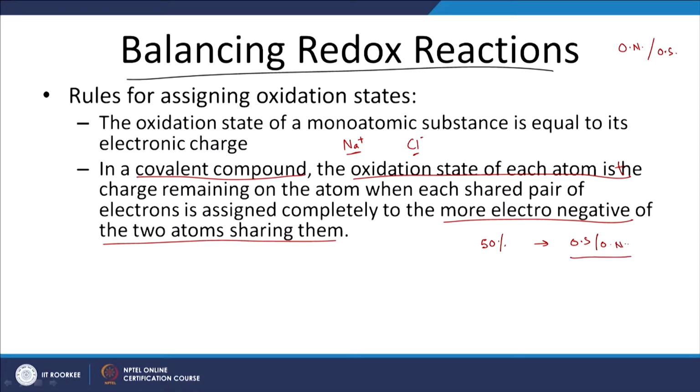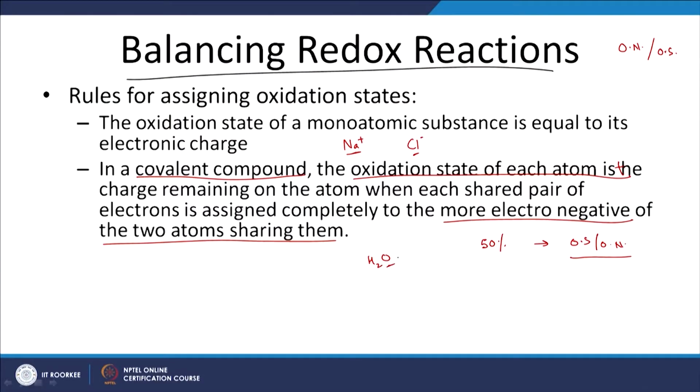Again, how can we go about that? The more electronegative compound will pull the electrons more towards itself. For example, you have H2O. Oxygen is the more electronegative compound, so it theoretically has more than 50% share of each of the electrons that it shares with the hydrogen. So if I let them dissociate, oxygen will have a -2 charge. Why is that?